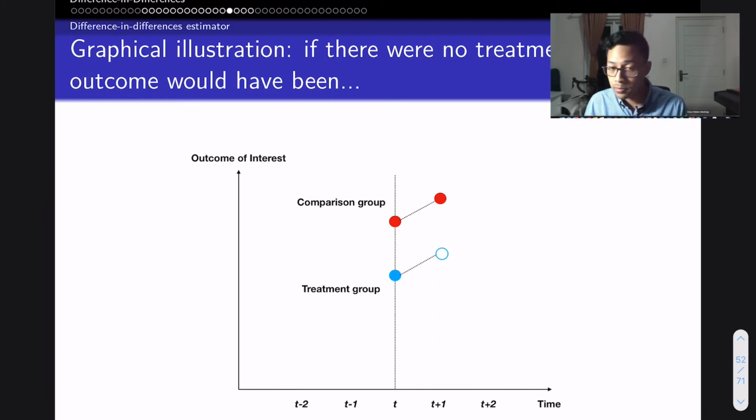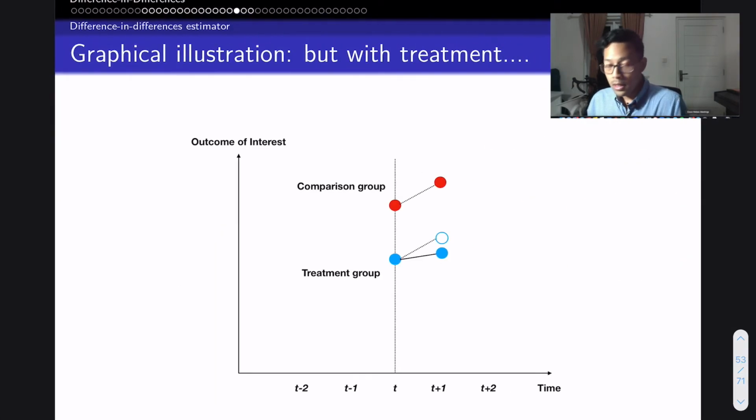In this graphic, that is depicted as a parallel change over time. So you have a parallel change here for both the comparison and the treatment group. So again, this is a counterfactual scenario. What would happen if there were no treatment?